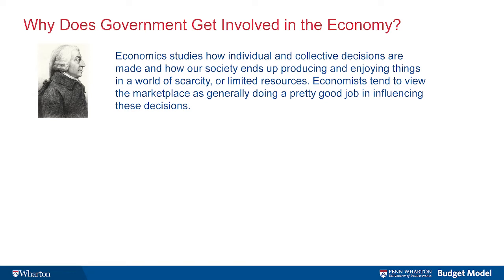We study how individual and collective decisions are made and how our society ends up producing and consuming things, enjoying things in a world of scarcity or limited resources. So there are constraints, and that means that choices have to be made carefully and trade-offs have to be faced. Economists tend to view the marketplace on its own as generally doing a pretty good job in influencing these decisions.